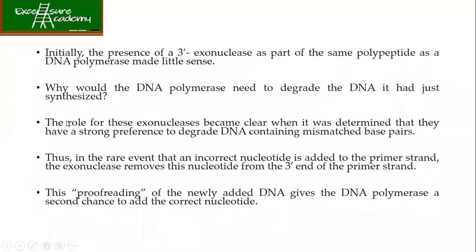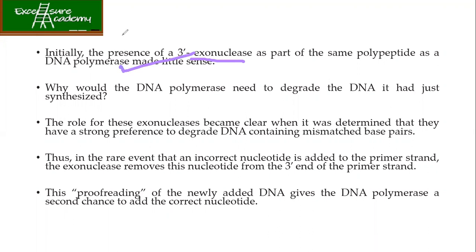Okay. So initially, the presence of a 3' exonuclease as part of the same polypeptide as a DNA polymerase made little sense. Earlier, people were not sure how this mismatch gets repaired. Now we know that this 3' exonuclease is actually part of the same polypeptide, which means it is part of the DNA polymerase.